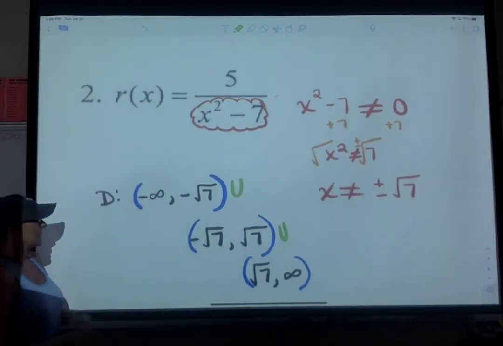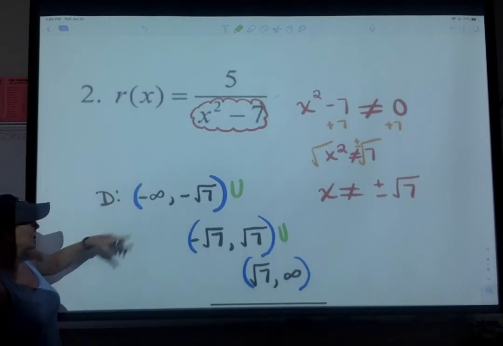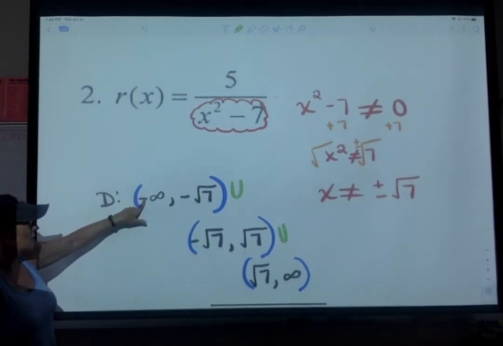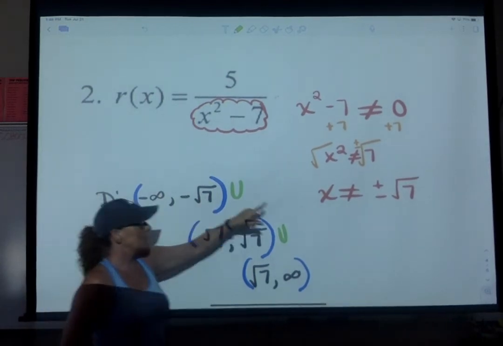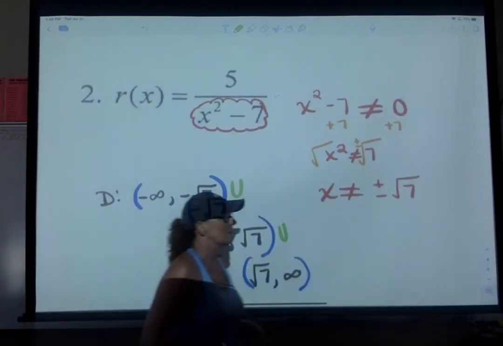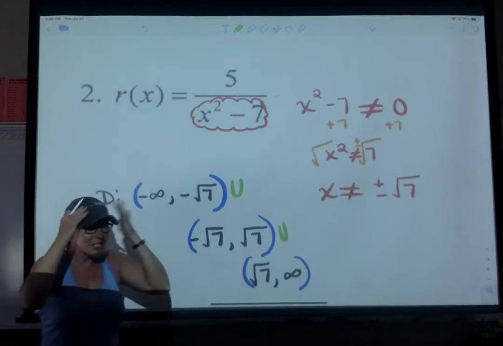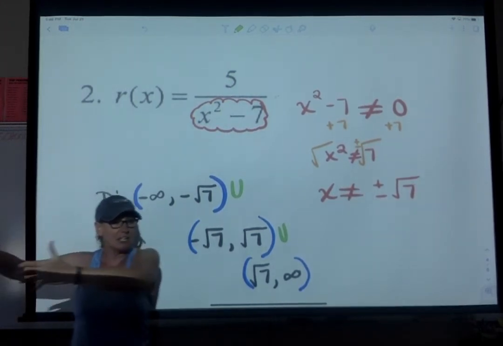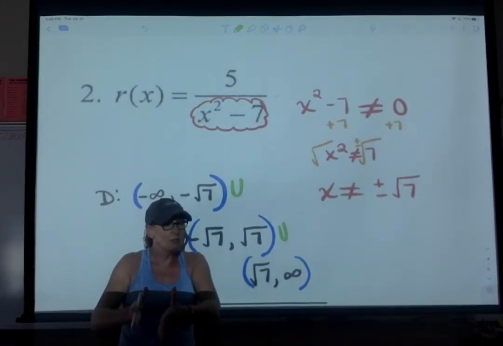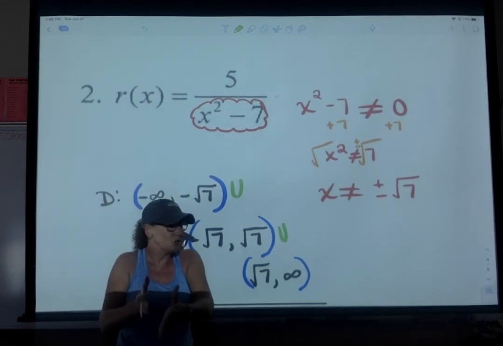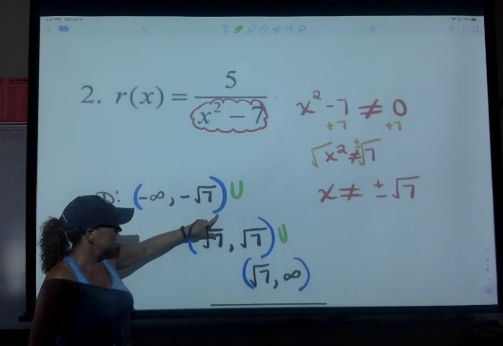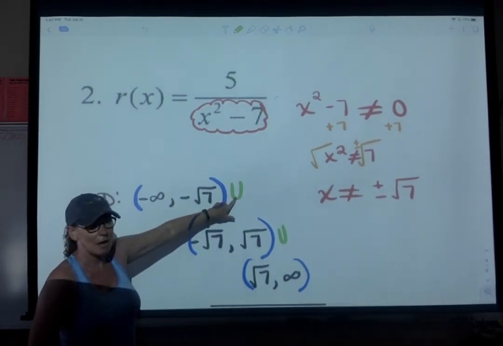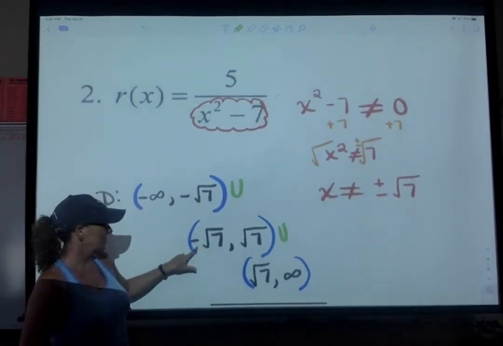So, ready? For domain and interval notation, start at negative infinity. Where are you going to stop me? Well, the first place you're going to stop me is the negative version of that radical. So if you're imagining a number line, we're starting at negative infinity, you're going to stop me at negative radical 7, like negative 2 point something. Stop me? Don't include it. This makes my math lab happy. Pick up where you left off.